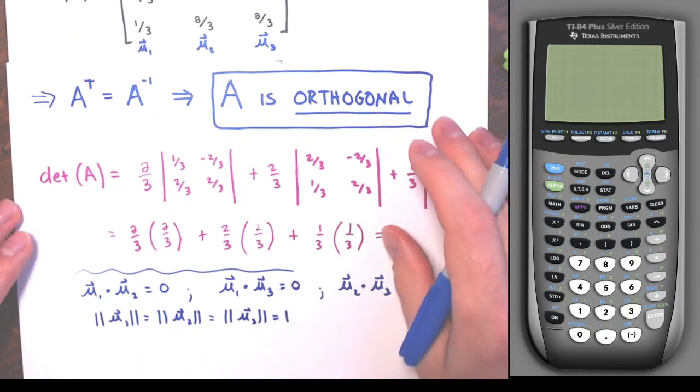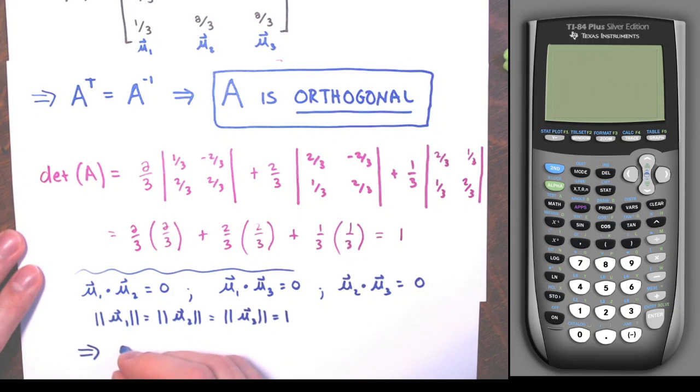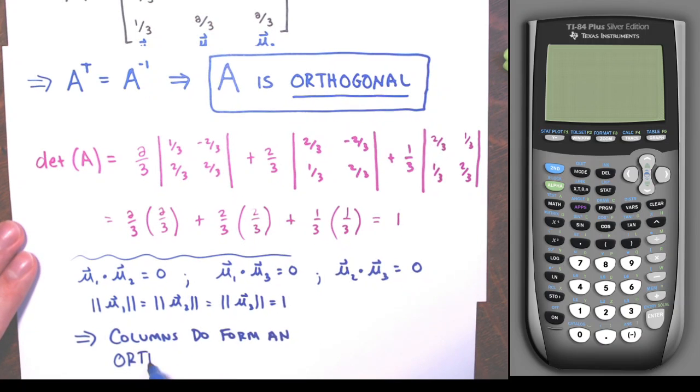So the columns do form an orthonormal basis for R3. Orthonormal, not just orthogonal, but all the vectors also have a norm of 1 under the dot product.